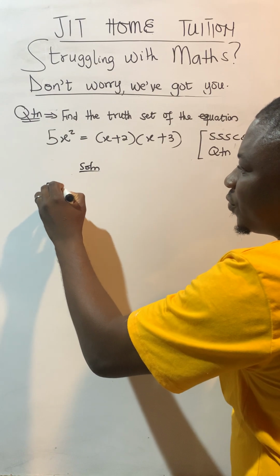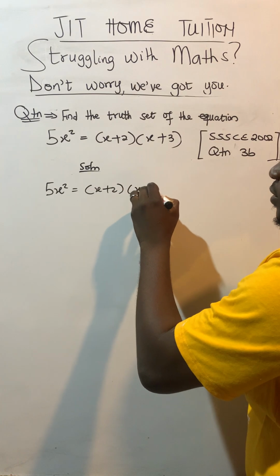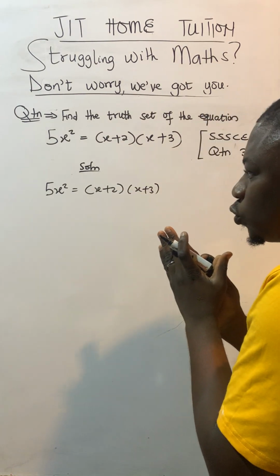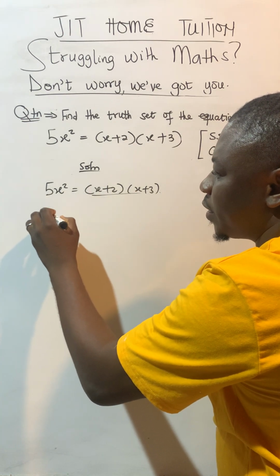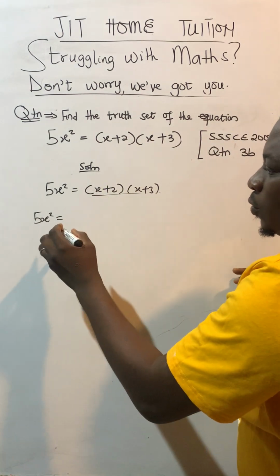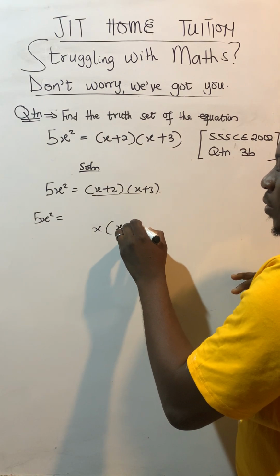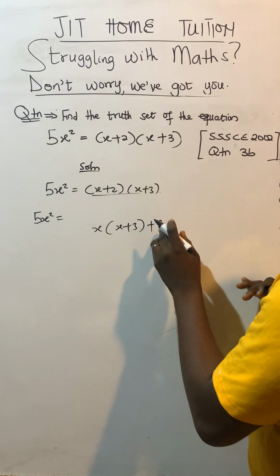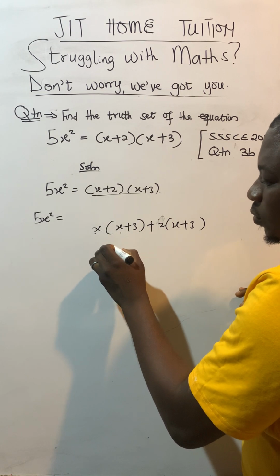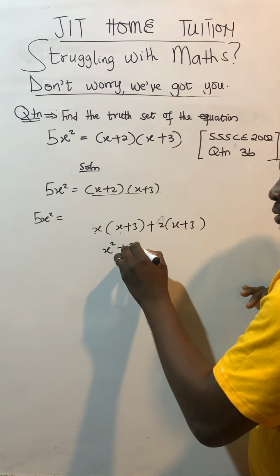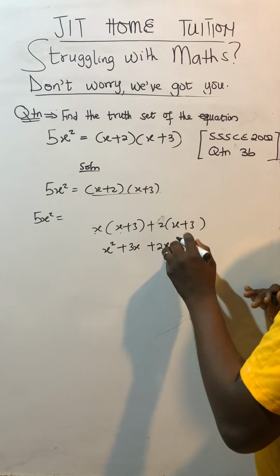So you rewrite the whole thing: 5x squared equals x plus 2 multiplying x plus 3. For you to be able to solve it, first of all, you need to multiply these ones first. So you have 5x squared, and here, when you multiply, x multiplies x plus 3, and 2 multiplies x plus 3. x times x is x squared, x times 3 is 3x, 2 times x is 2x, and 2 times 3 gives you 6.